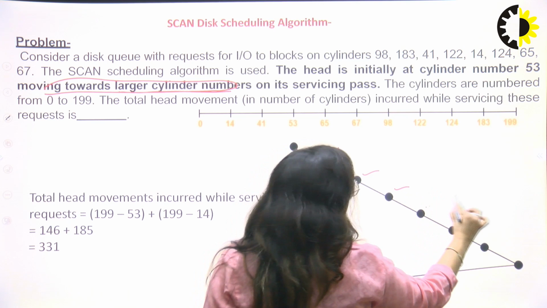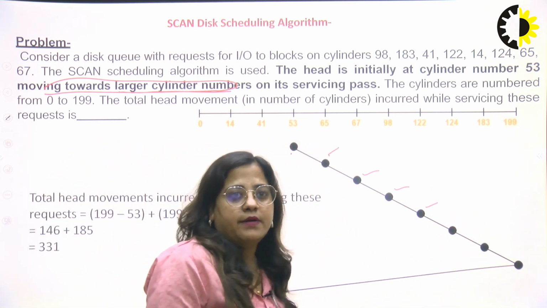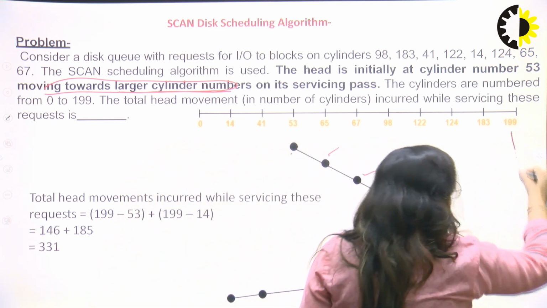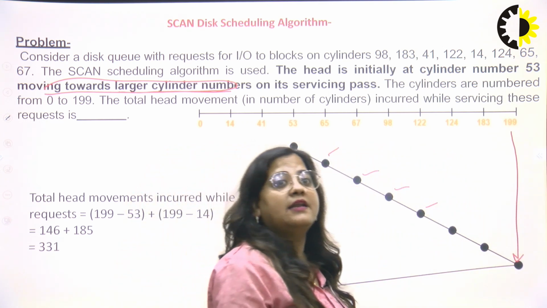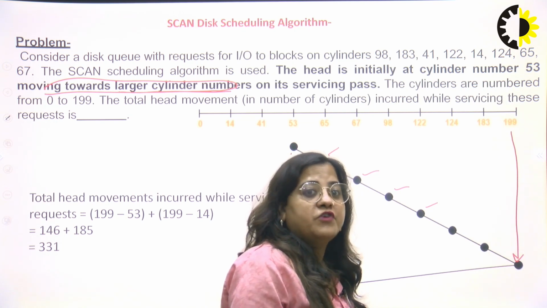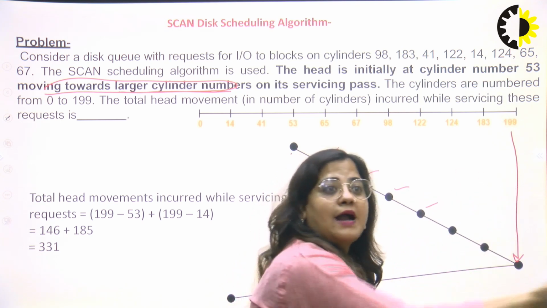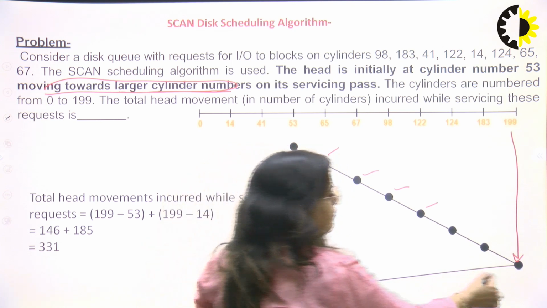In this way we use the right direction, covering all the numbers on the right. So we reach the last cylinder, 199. According to this, 199 is not given in your question as a request, but you visit the last number if you are moving toward the larger direction. Okay, and this is 199.